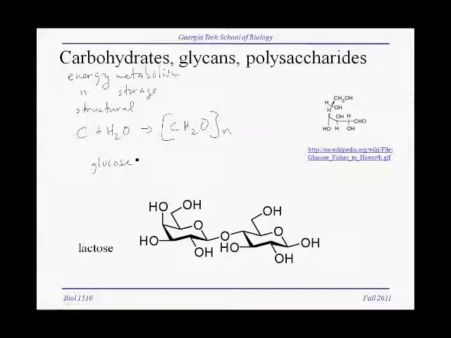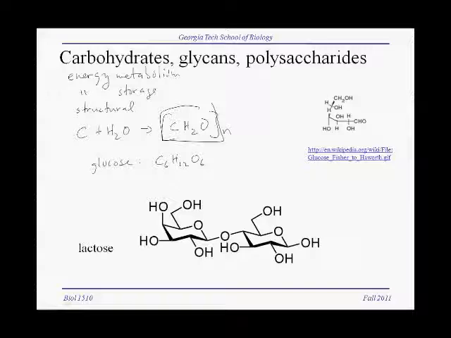The monosaccharide glucose is also a hexose, meaning it has 6 carbons. So it has 6 carbons, 12 hydrogens, and 6 oxygens. It's basically this CH2O multiplied by 6.